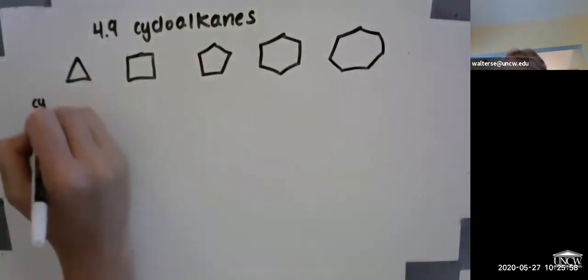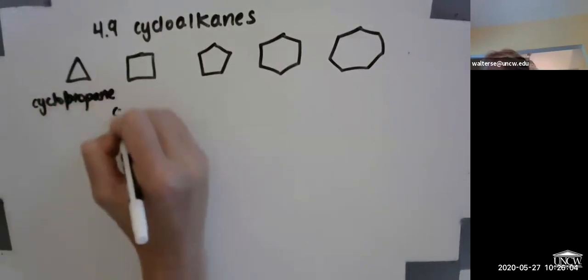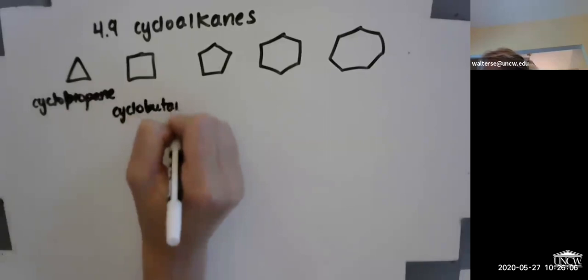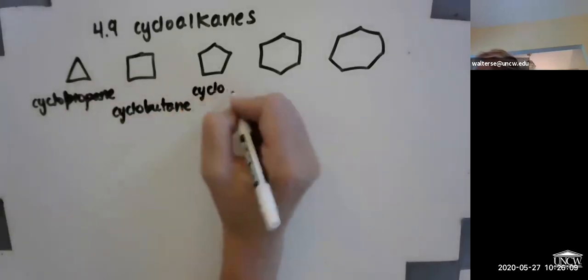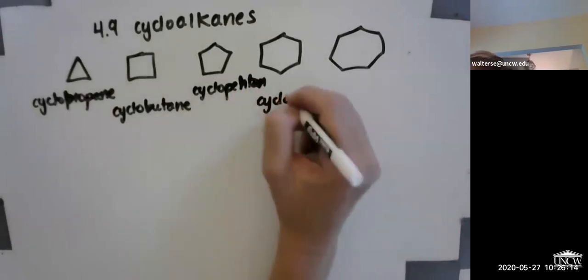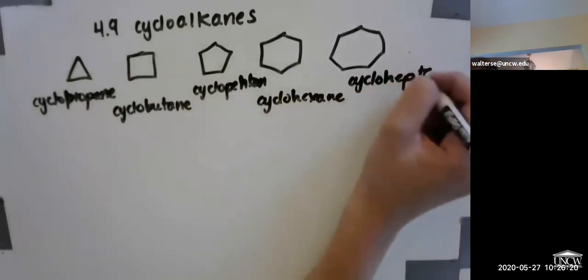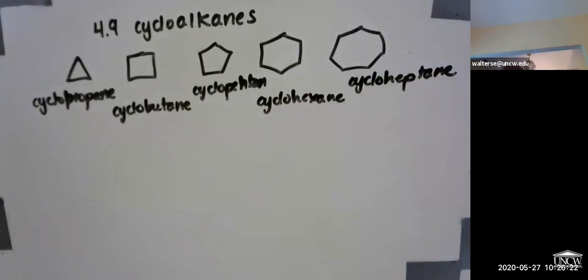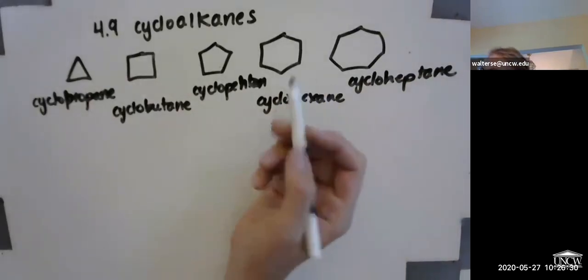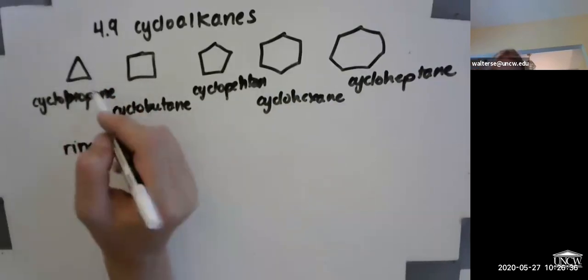So this would be cyclopropane, cyclobutane, cyclopentane, cyclohexane, cycloheptane. Now, rings were essentially considered to be flat, but they're not. The only one that's flat is cyclopropane.